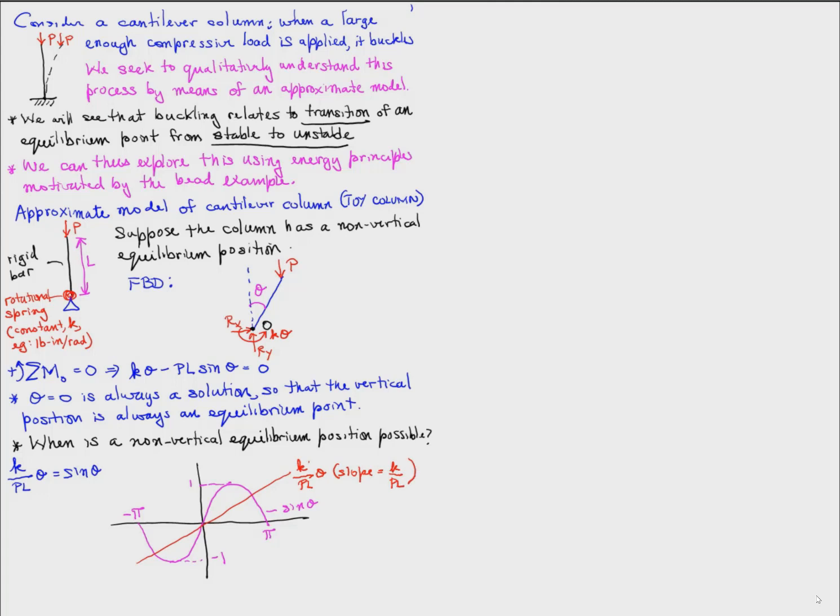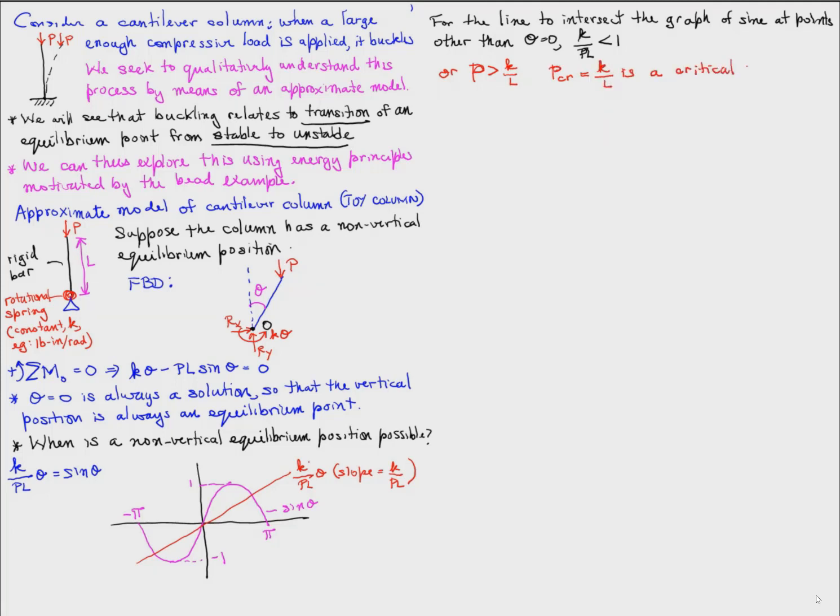So for the line to intersect the graph of the sine curve at points other than theta equals 0, the slope of the line must be less than the slope of the sine curve at theta equals 0. This means the slope K over PL must be less than 1. Or in other words, P must be greater than K over L. So we see that the critical load, P critical, equals K over L.